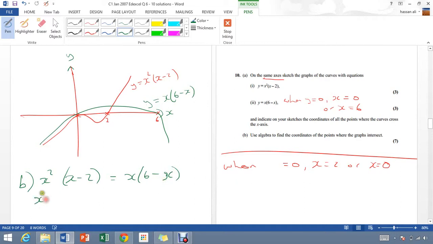If you multiply this out, you'll get x cubed minus 2x squared, and that will equal 6x minus x squared. If you simplify all of that, let's take that across, so you'll have x cubed minus 2x squared plus x squared minus 6x equals 0.